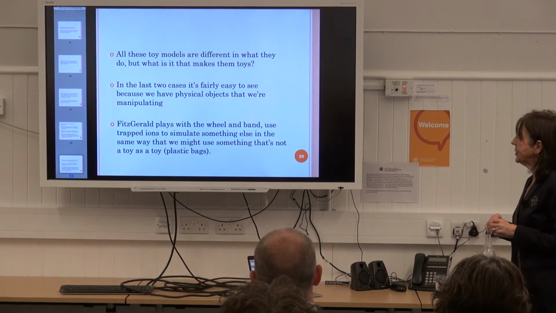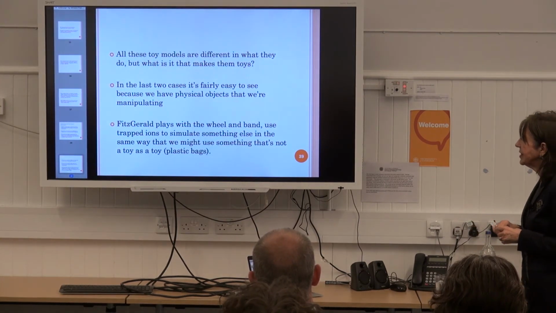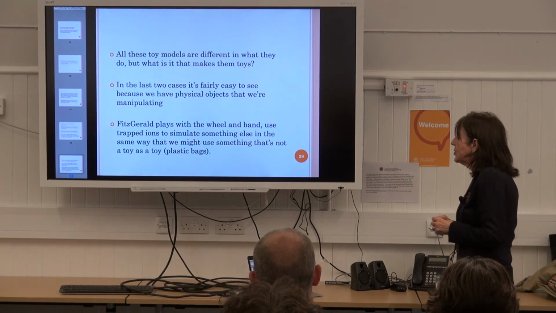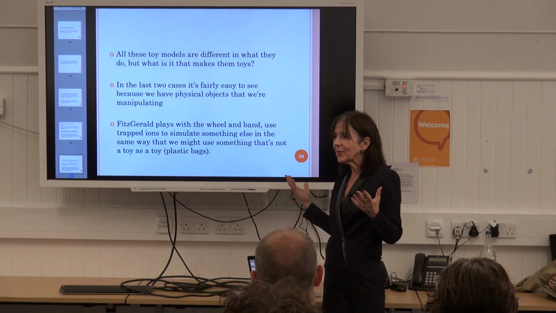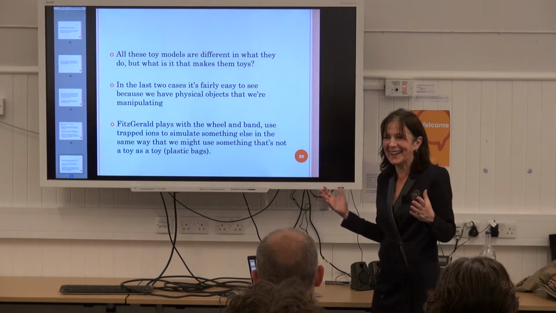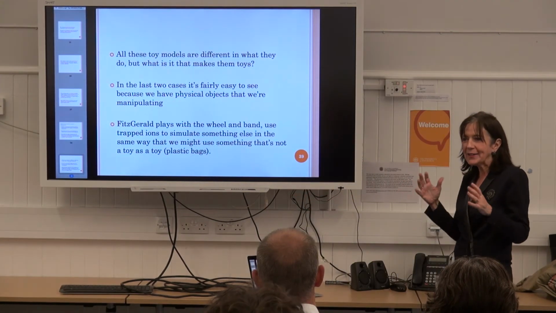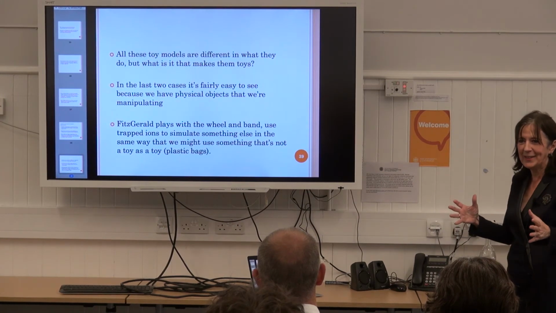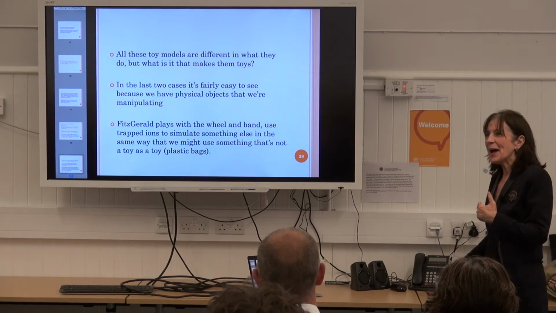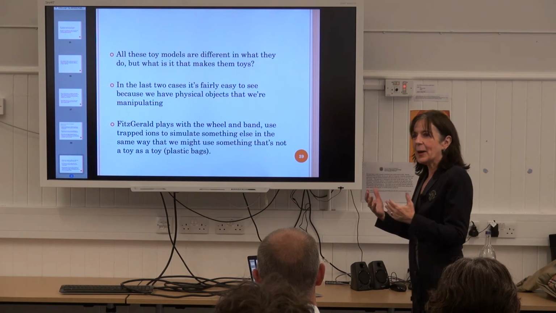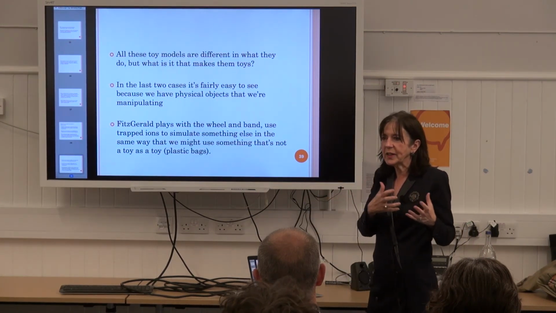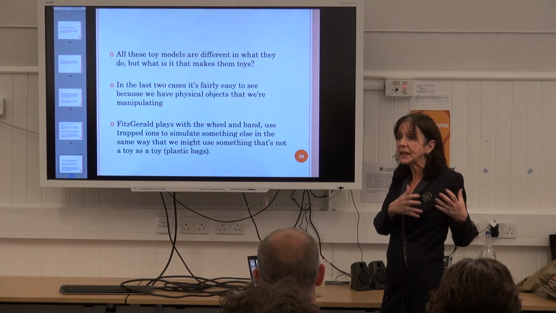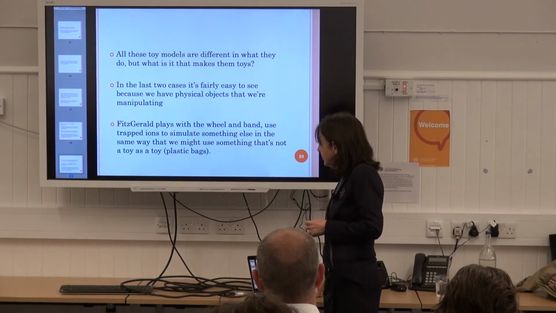Britton used the trapped ions to simulate something else, in a way that you can use something that's not a toy as a toy, like plastic bags, right? This is not a toy. It's just written on the bag. Don't use this as a toy. Don't put it over your head. But nevertheless, the idea is you can use these devices or these things in an exploratory way.